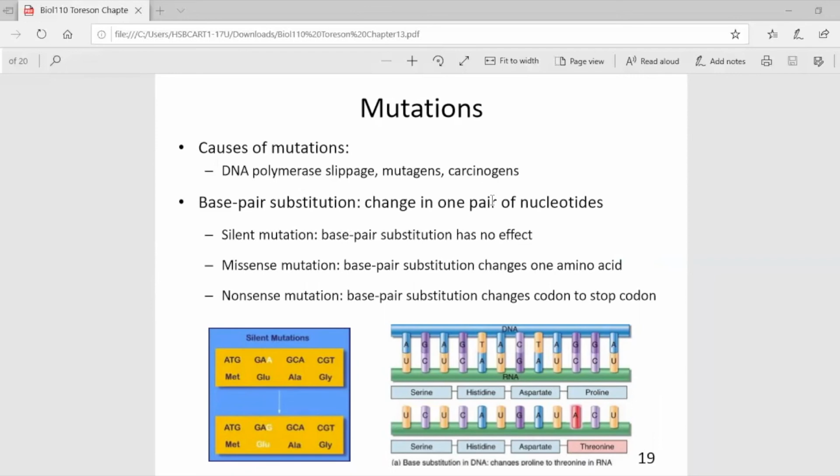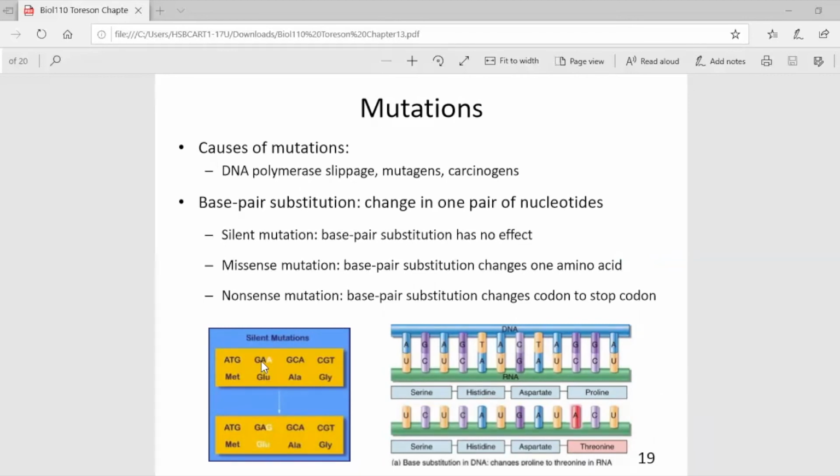And as I mentioned, one possibility is a silent mutation, in which the mutation or the base pair substitution has no effect. And that is illustrated here on the left-hand side of slide 19.